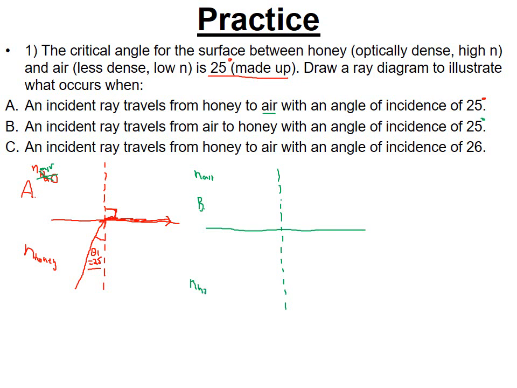Honey still has a higher index of refraction than air, so it's the more dense medium. And this time, the light ray is traveling from air to honey. So my incident ray needs to be coming from the top here. Label that as theta I is equal to 25.